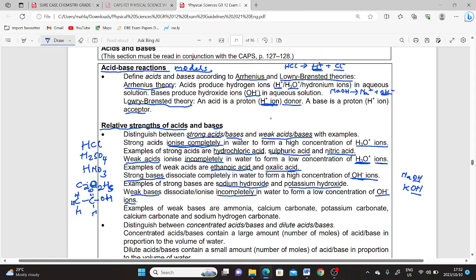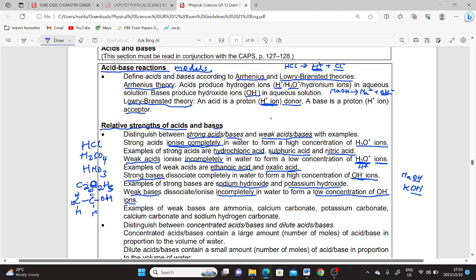So the difference is that a weak base will ionize incompletely and form a low concentration of hydroxide ions. Even a weak acid will ionize incompletely, but it forms a low concentration of hydronium ions, because acid is about the hydronium ions, which are called the protons.